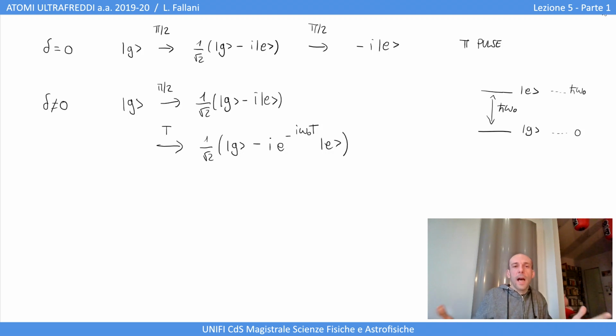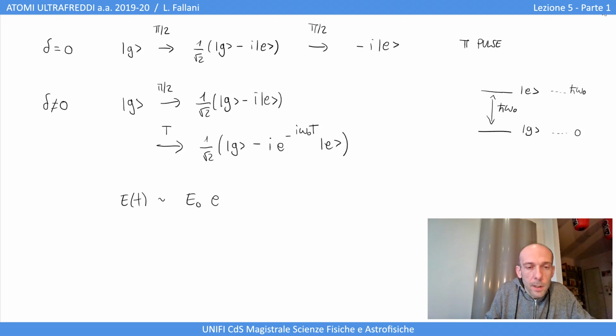So during this time, the phase of the excited state contribution in the atomic superposition will be different. So we will have a running phase, omega 0. Now, during this time, also the field will evolve. The phase of the electromagnetic field will evolve, of course, as, for example, let's consider the term which rotates in the same direction.